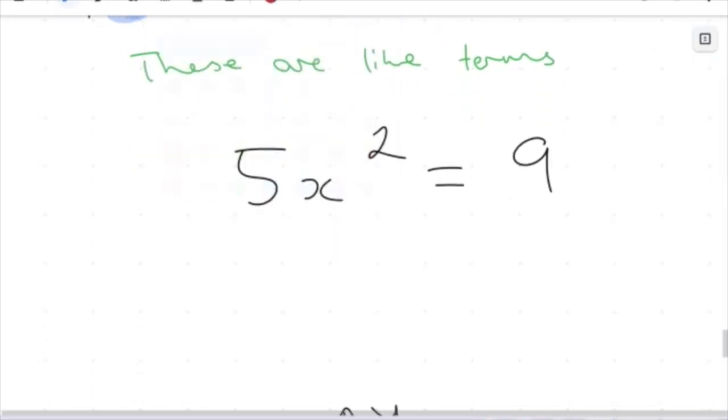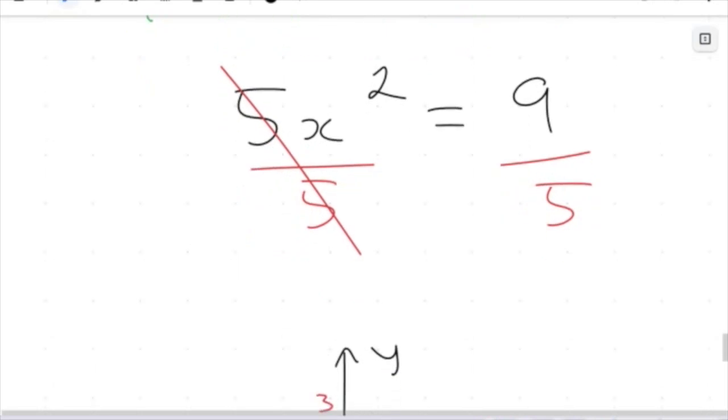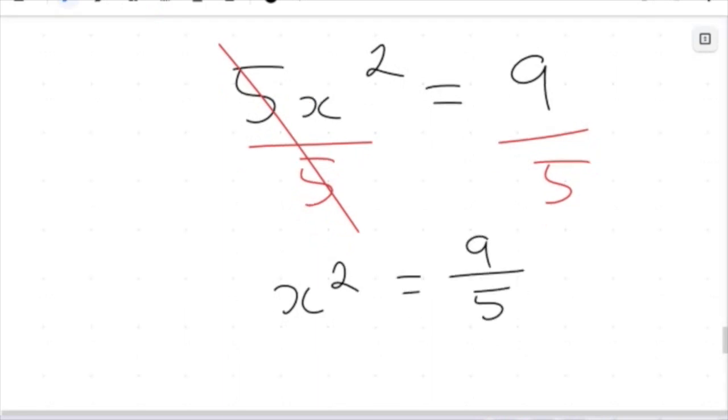And now I can just solve this remaining equation. I'm trying to get to x on its own. And here 5 is multiplying by x squared. So I'm going to divide both sides by 5. That's going to undo this multiplication of 5 here. I wind up with x squared equals 9 over 5.